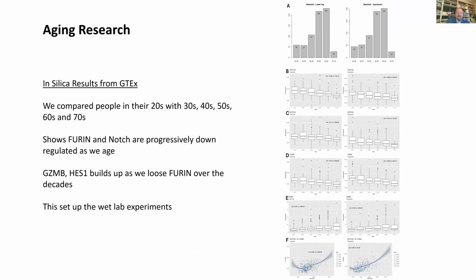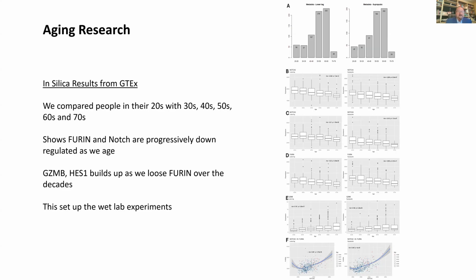We did this in many different cell types in single-cell RNA-seq, and we were able to actually find that furin regulates the Notch pathways. And what we did was we looked back in the cascade until we didn't find this pattern. And then we set up some wet lab experiments.